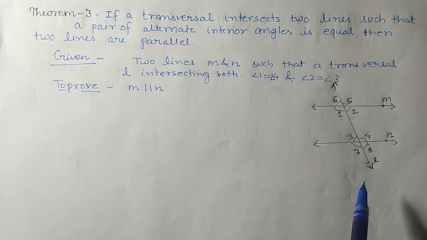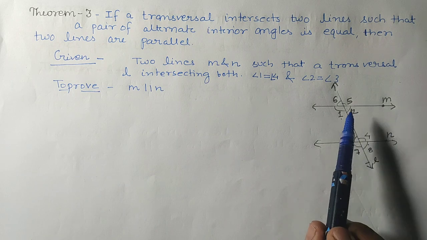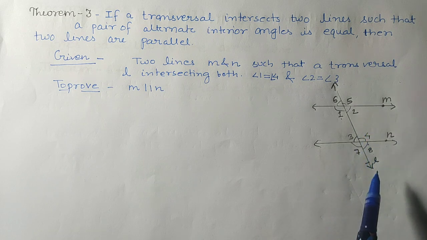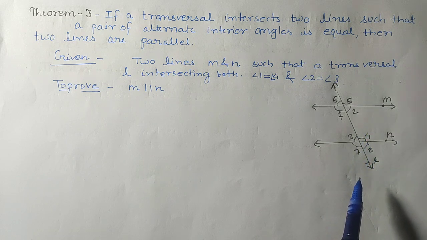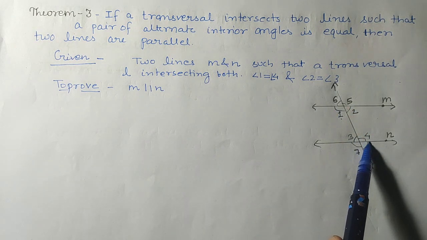Recently we have seen the axiom that if a pair of corresponding angles are equal when a transversal intersects two lines, then the lines are parallel. Which are the pairs of corresponding angles? Angle 6 and angle 3, angle 5 and angle 4.